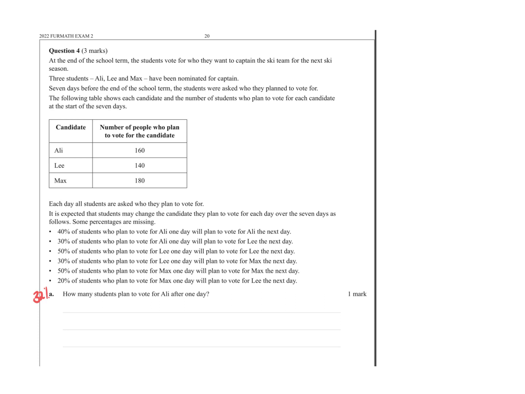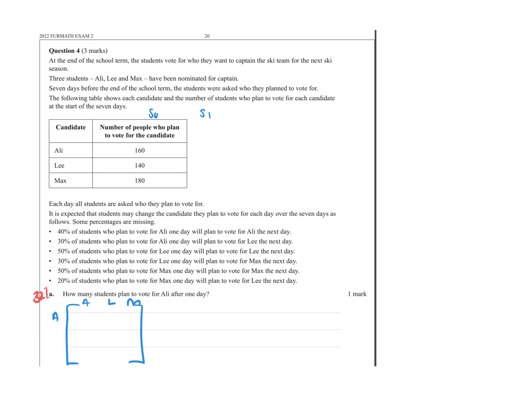So you're already told how many students plan to vote for Ali after 1 day. So this is S0, you need S1, but you need the transition. So we'll have to set up the transition. I'm going to use the same pattern, with Ali, Lee and Max, and then Ali, Lee and Max the same way.